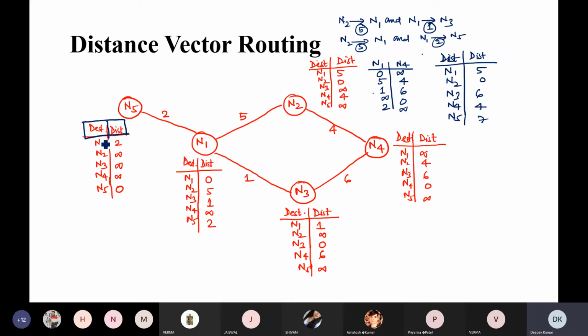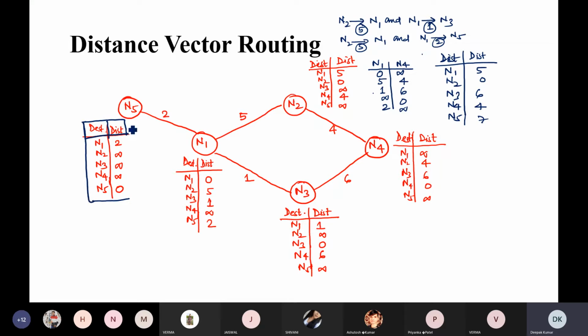N5 knows the distance between N5 and N1. N5 should know the distance between N2 and N5, N3 and N5, N4 and N5, and N5 itself. The destinations are all N1 to N5.